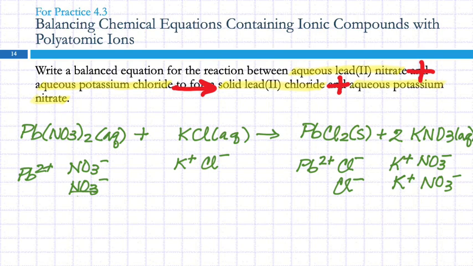So to get 2 potassiums on the other side, I need 2 of the KCl's, which is going to give me another K plus and another Cl minus. And then the last element, lead, nitrate, potassium chloride. So here's chlorine, and I've got 2 of those. I've kind of drawn it out down here, but I've got 2 chlorines. And how many do I have over here? Also 2. So that one's fine.